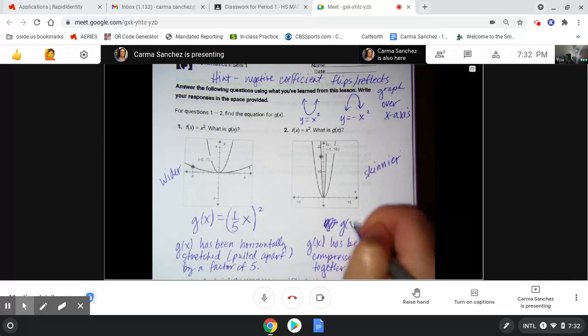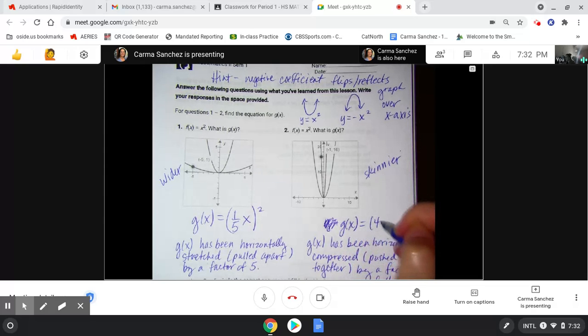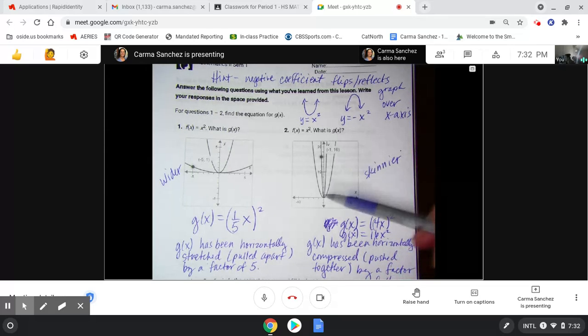G of x, its real name, is equal to 4x squared. There's a horizontal compression, which puts that 4 inside with the input. You could also say that g of x is equal to 16x squared. It is growing at a rate that is 16 times the normal stretch. Both of these equations would work. You need to be able to find the correct one on APEX.